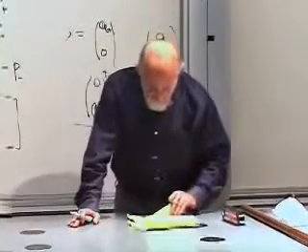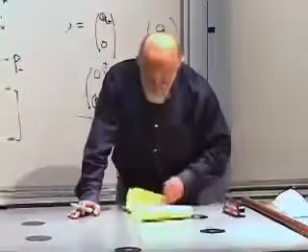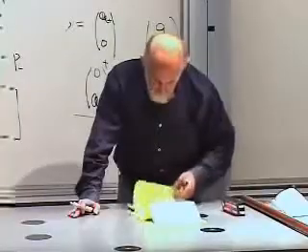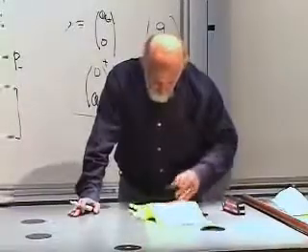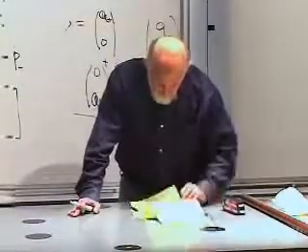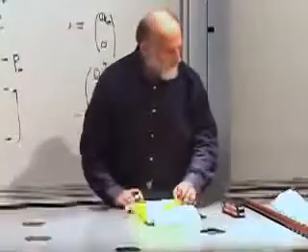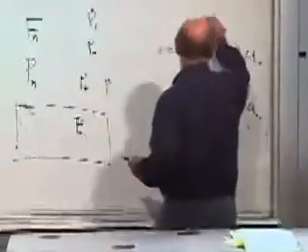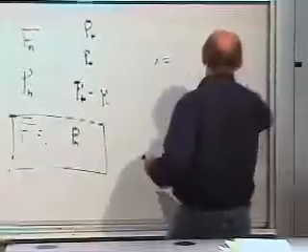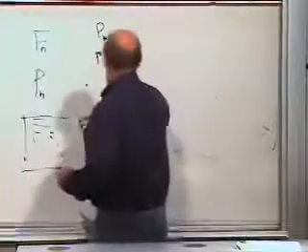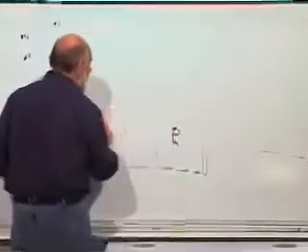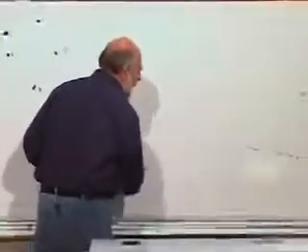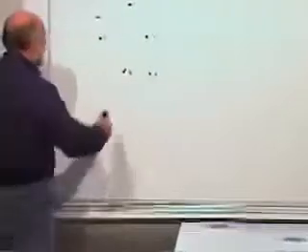So let's talk again a little bit about matrices first. A matrix is a thing that you can multiply a vector with, or act on a vector with.